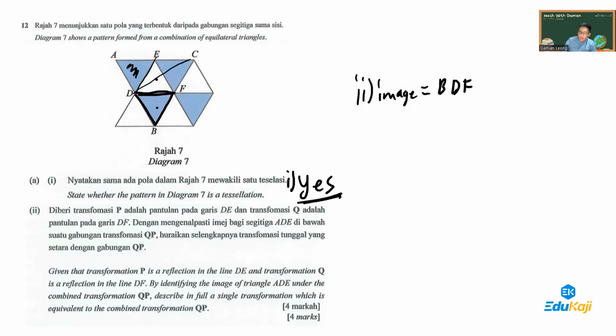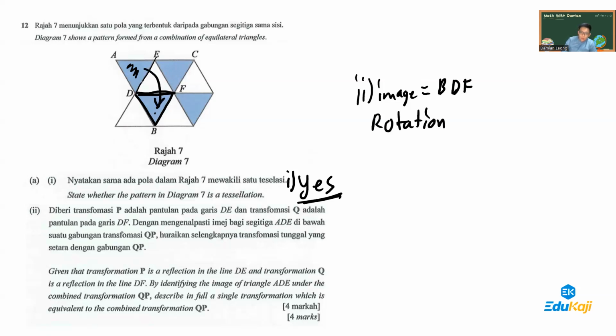Technically, it's possible to just reflect on the line CD, flip over, and it's the same. But let's not do that. Let's use rotation instead. So from here, rotate to here.